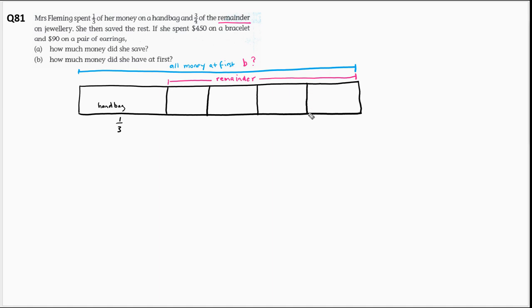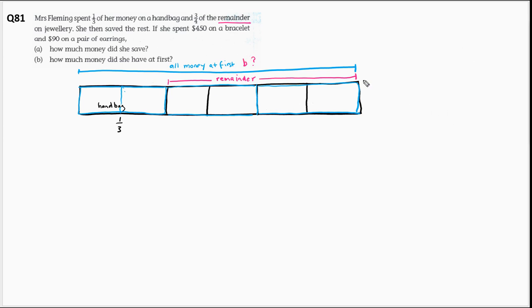Remember, this was a third, this was the second third, and this the third third of my original whole. I want to keep my parts equal, so if I've split these, I'm going to split this one as well. So this part is equal to this part and so on.